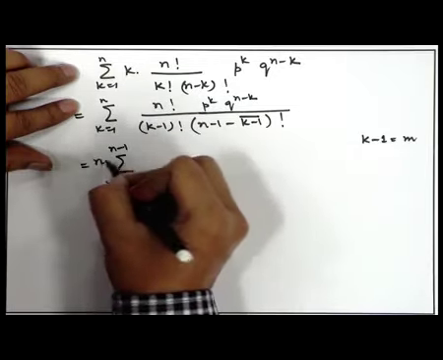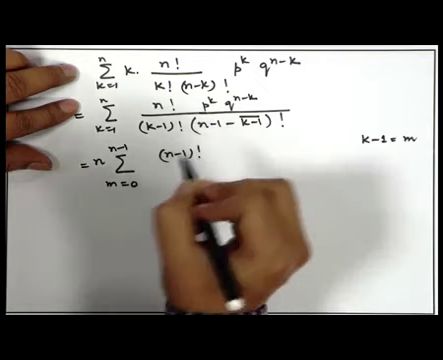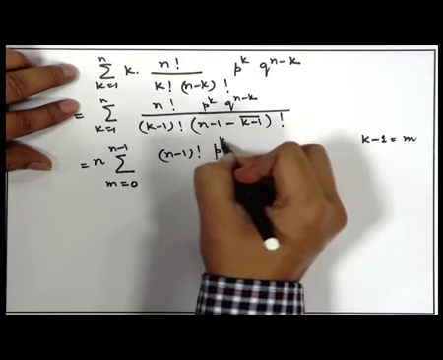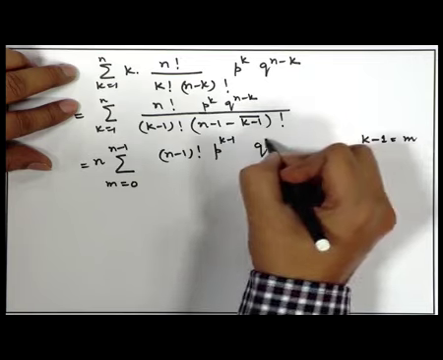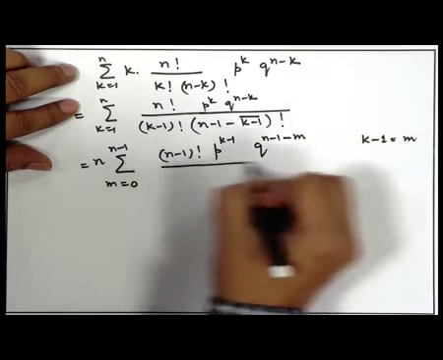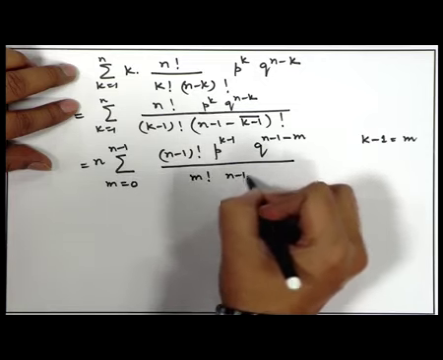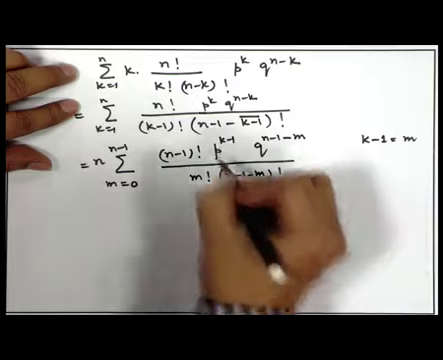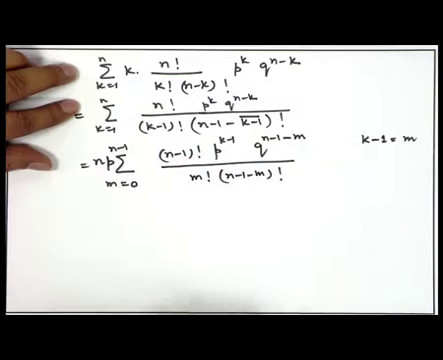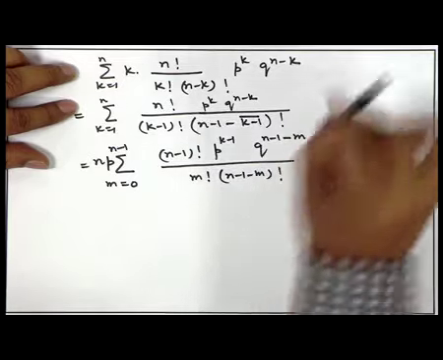This n I can take out. So, you will get n, n minus 1 factorial, p to the power k minus 1, q to the power n minus 1 minus m, divided by m factorial, n minus 1 minus m factorial. This p I have taken out. So, what I did here, let us compare these two terms.